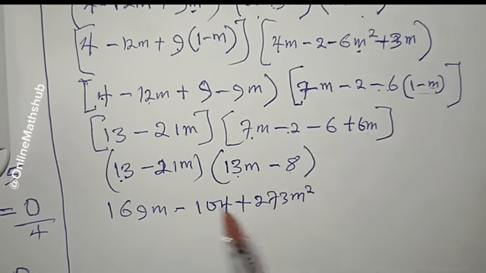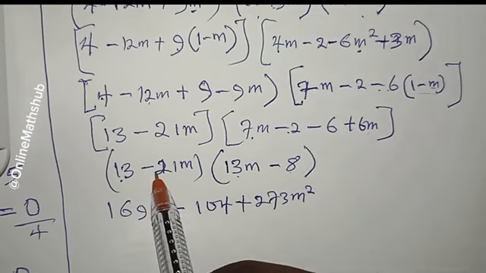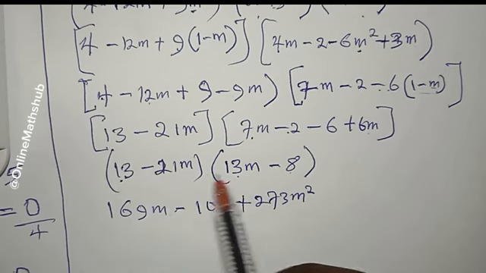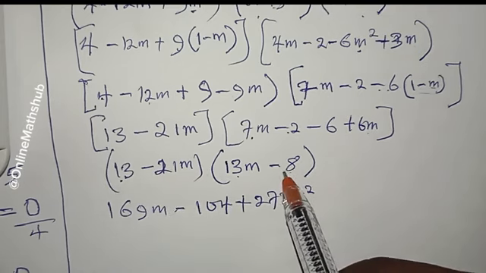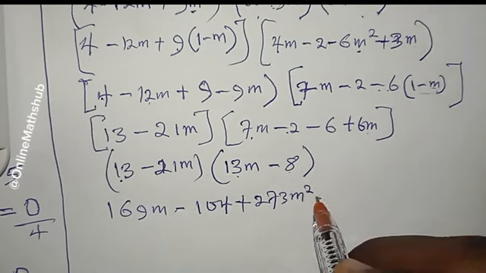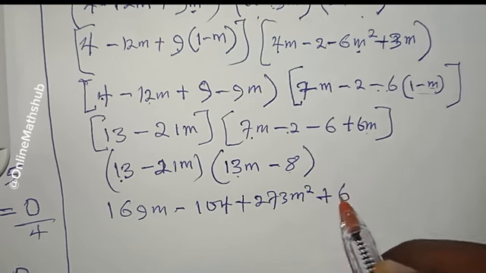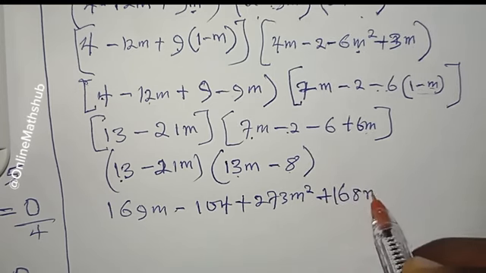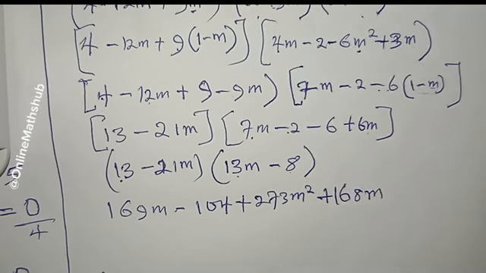Okay, so moving on, minus 21m multiplied by minus 8, that's going to give us plus 168m. Okay, so I will also need to make this substitution.